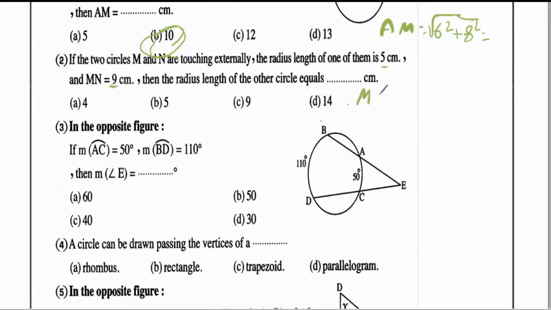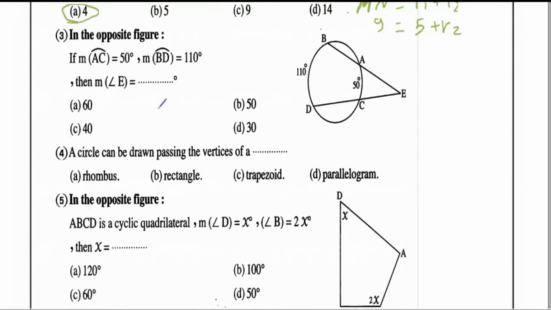So MN equals R1 plus R2. MN here is 9, R1 equals 5, plus R2. How can I find R2? Yes, very good. R2 equals 9 minus 5 equals 4 centimeters. So the correct answer is 4 centimeters.